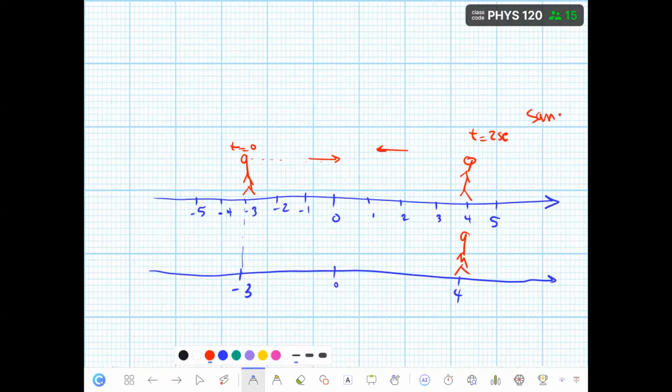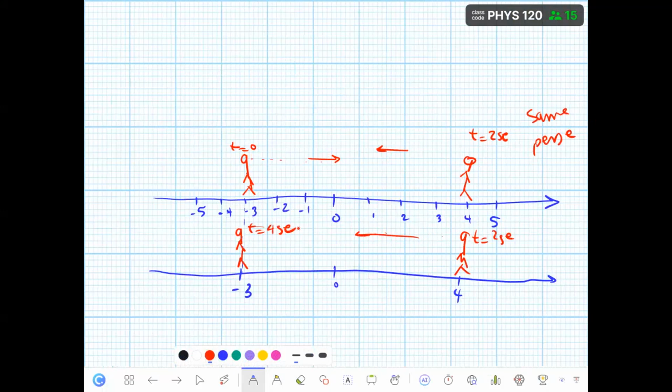Same person. It was t equal 2 seconds, and then he moves back to where he started his position. Right now it took 4 seconds. Good. It took 4 seconds for this person to move from -3 to 4 and then come back to -3.